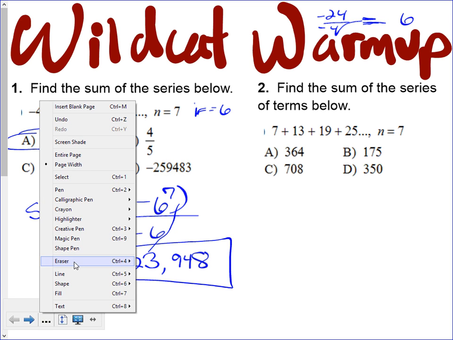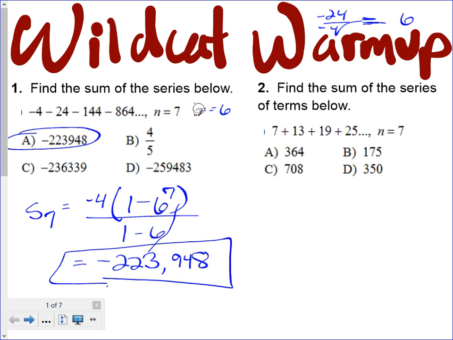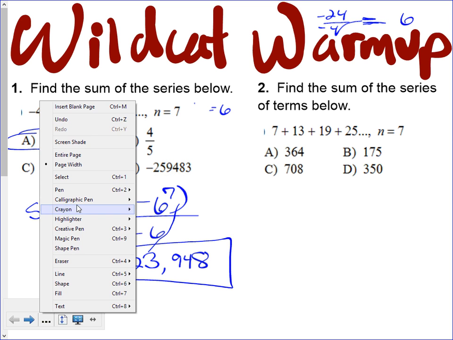Got all kinds of ugly writing here. Okay, if there's no questions, number 2.